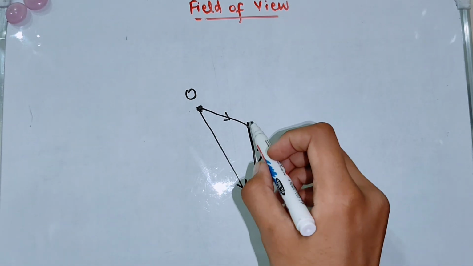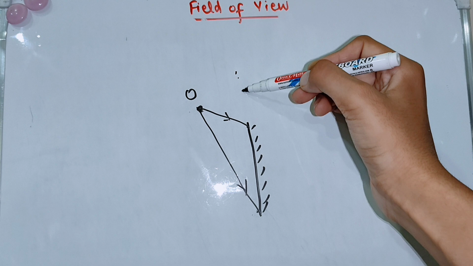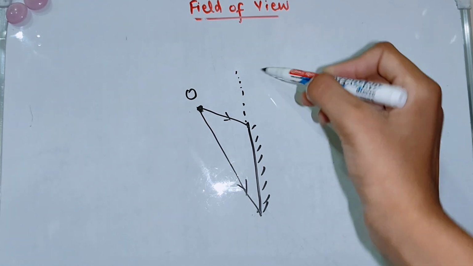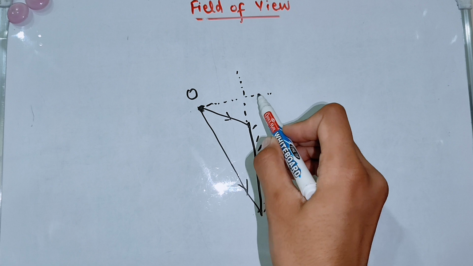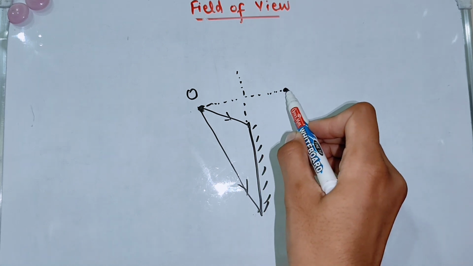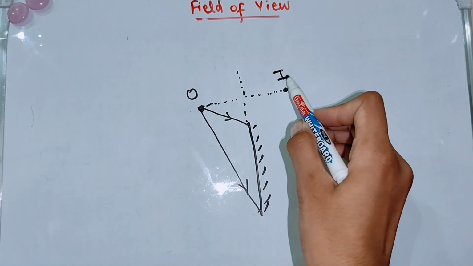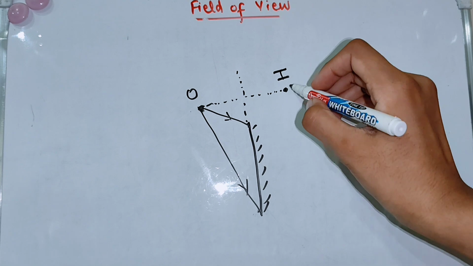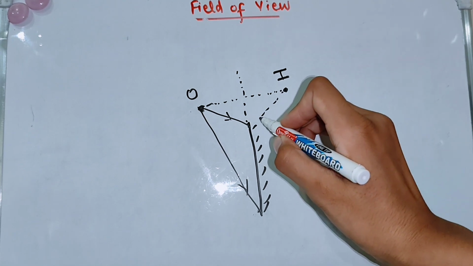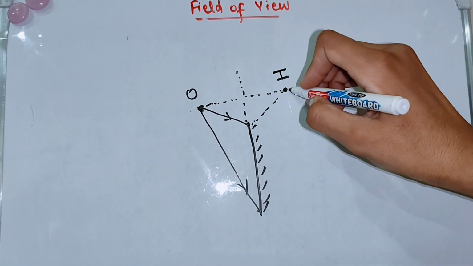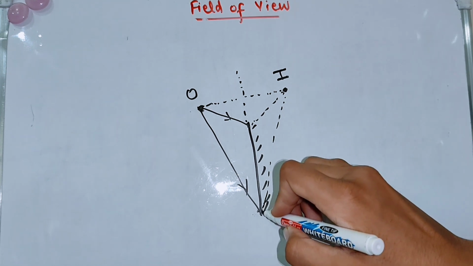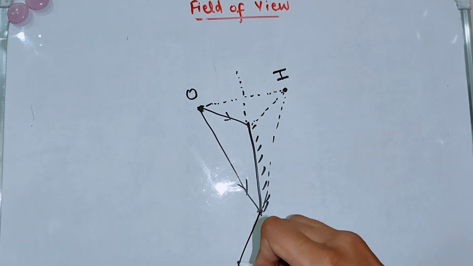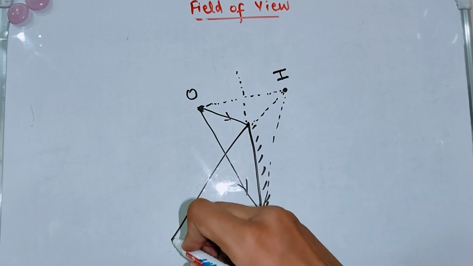Second, we know that perpendicularly there will be an image at the same distance, somewhere over here. Now I'm going to connect these two points together and extend these lines.